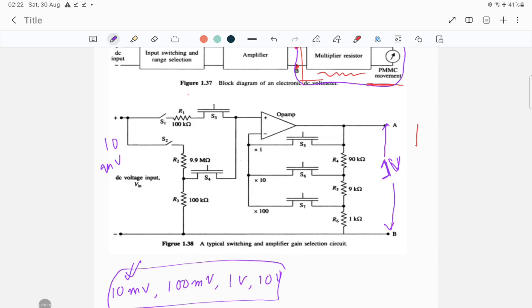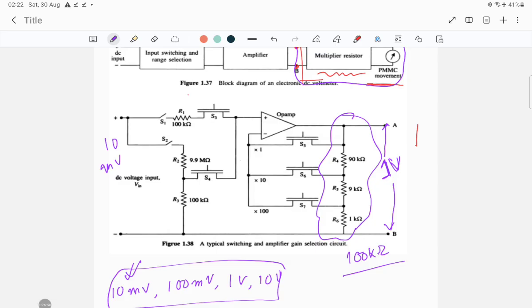At the output side of this amplifier stage, in total you have 100 kilo ohm resistance. This should be fixed. You cannot increase your resistance values; the total summation of all the resistance at the output side must be 100 kilo ohm.